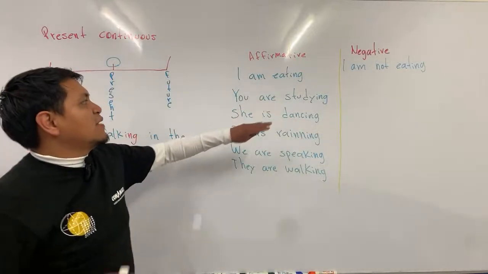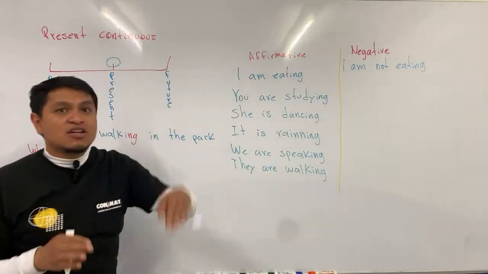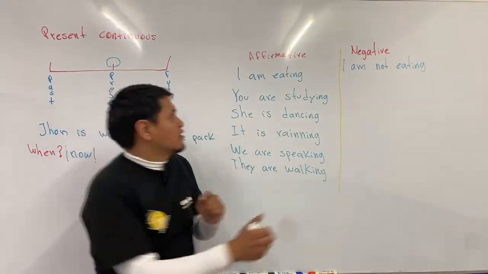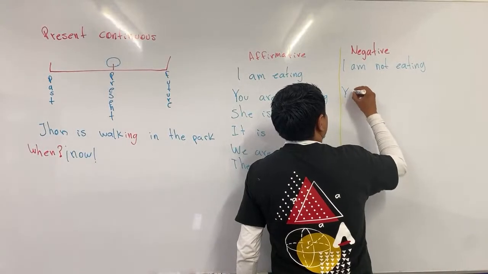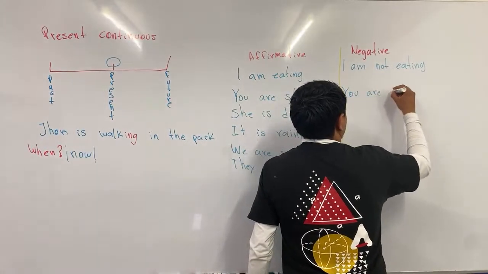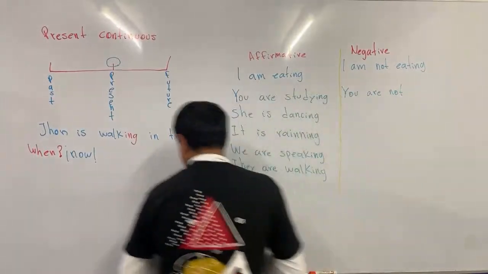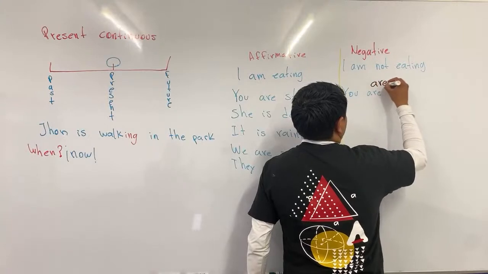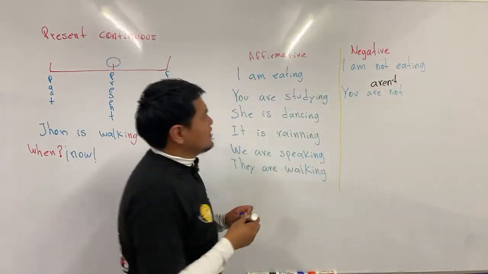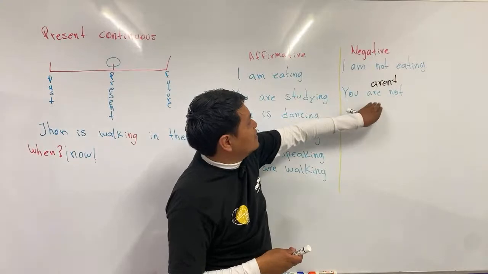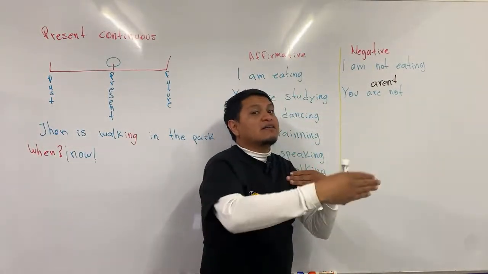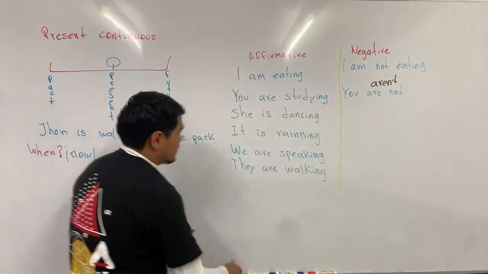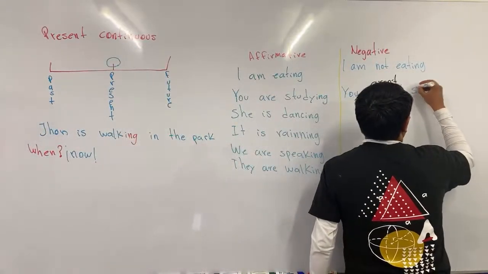For this is the same. You are not studying. Or in the contraction form, you aren't studying. You are not. It's the same as you aren't. This is the contraction, right? And this is the long way. Are not, aren't, it's the same, right? You are not studying. You aren't studying.